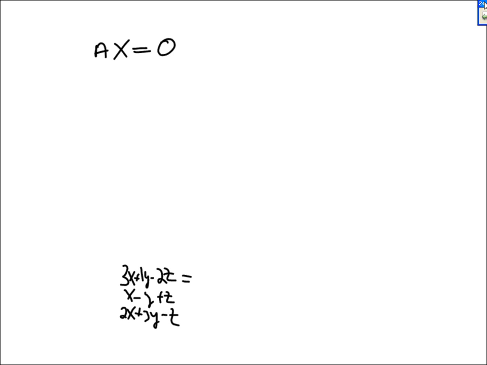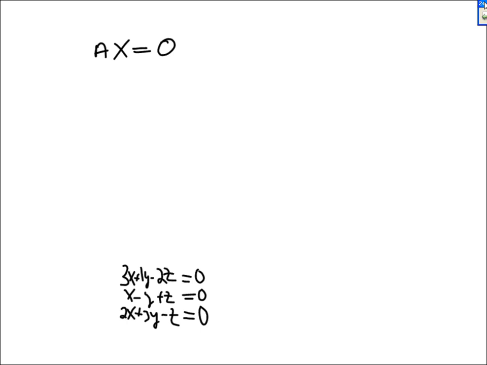Now let's talk about homogeneous systems. Let me remind you that a homogeneous system is AX equals B, except B is 0. It's a 0 vector. You have 3x plus 1y minus 2z, x minus y plus z, or 2x plus 3y minus z, and they always equal 0.